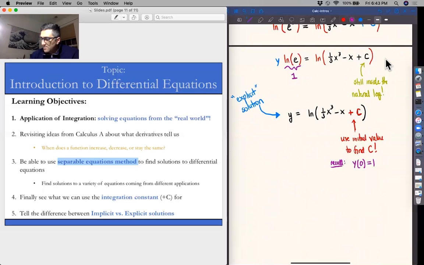So what that means is we're going to take our solution that we just found and anywhere there's a y, we're going to plug in a 1. Anywhere there's an x, we're going to plug in 0, and then we're going to see what we get. So let's go ahead and do that.